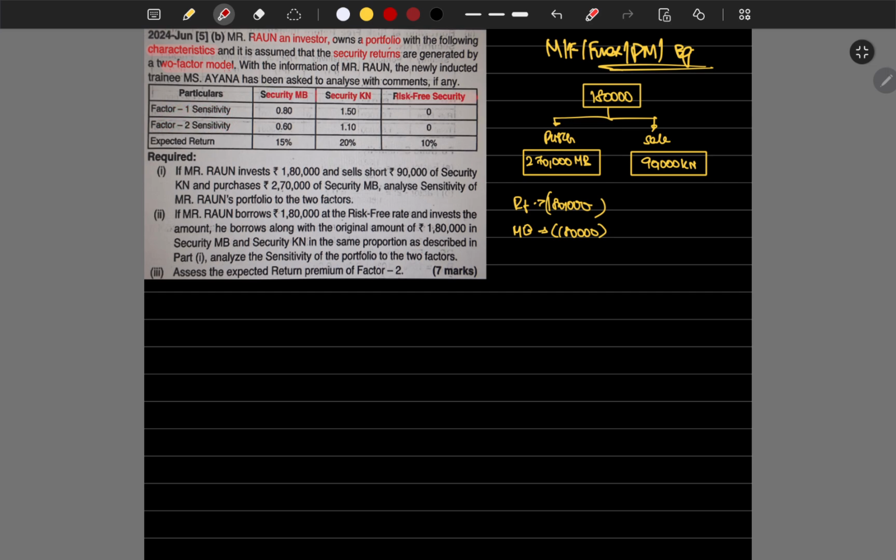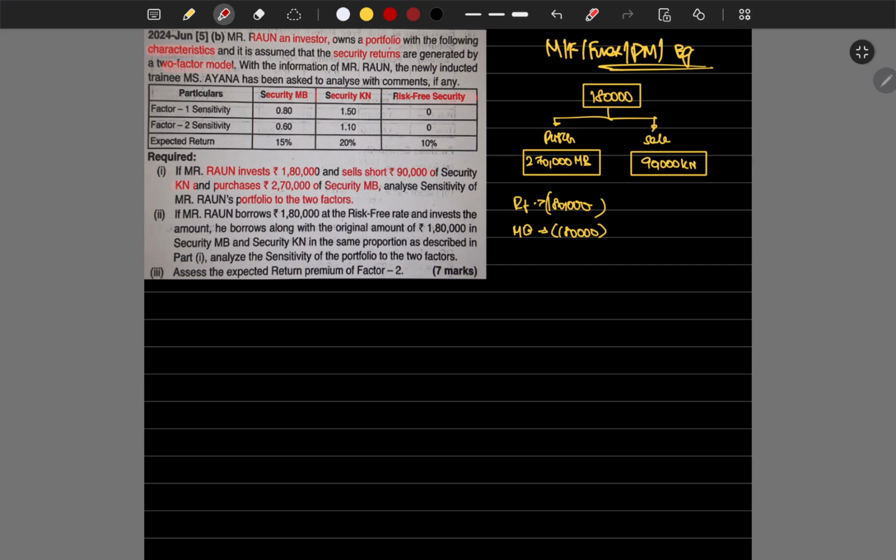What they have asked us to find out is the portfolio beta when they invest 1,80,000 by selling short 90,000 of security KN and purchasing 2,70,000 of security MB.